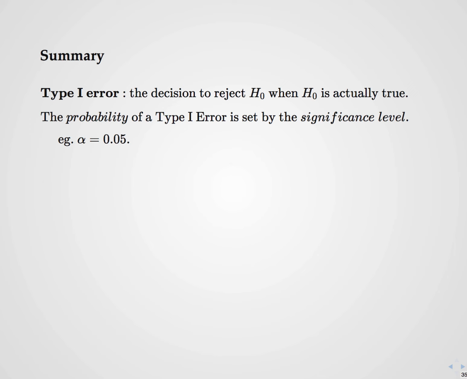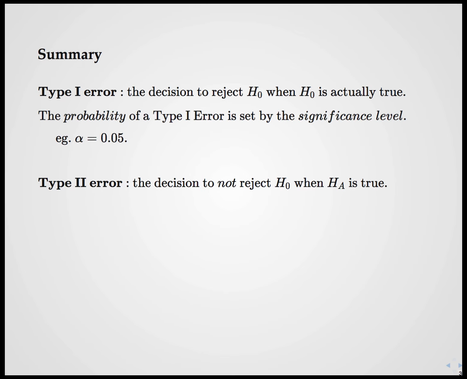When we set the critical value for the p-value to be 0.05, that is setting the probability of a type 1 error, the probability of wrongly rejecting the null hypothesis. In this hypothesis testing framework that we develop, that probability is set by us, the statisticians.